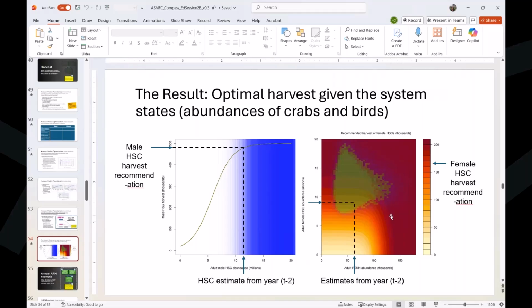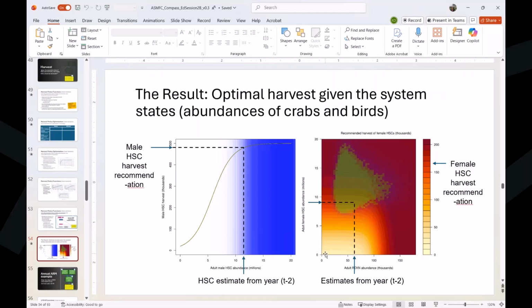In other words, what combinations of red knot abundance and female horseshoe crab abundance are likely to occur in the simulations into the future. And those are in this green blob here. This is for the first decade, I think. As we move further into time, the blob gets a little bigger, but it never goes all the way down into the left corner of this area here.